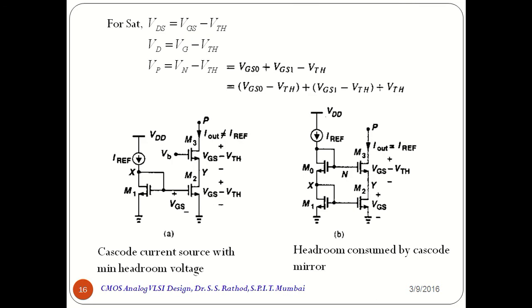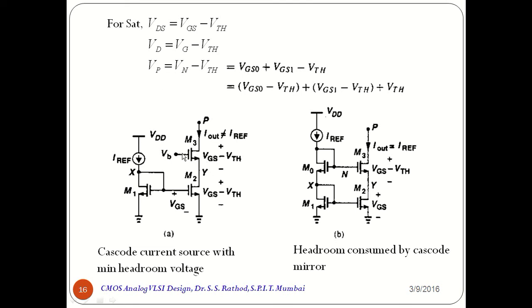Now let us again consider this cascode circuitry. For the saturation region, we know that the condition is VDS should be greater than or equal to the overdrive voltage, that is VGS minus VTH. In short, we can say that drain potential should be equal to gate potential minus VTH. So VD is equal to VG minus VT.